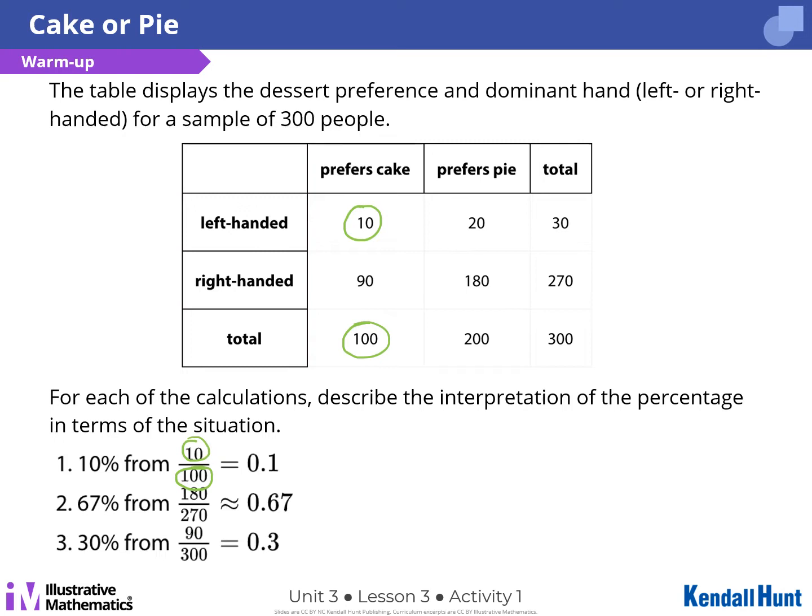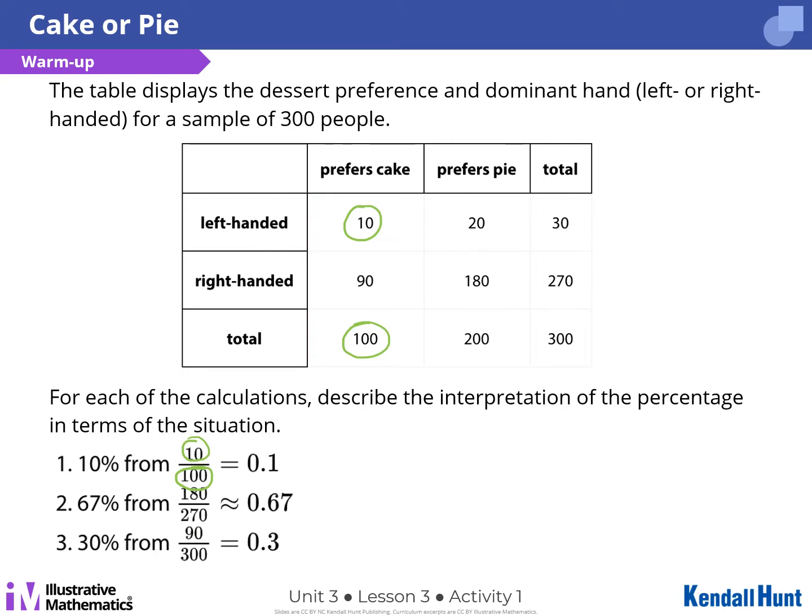So we interpret this by saying, of the 100 people who prefer cake, 10 of them are left-handed. Our relative frequency percentage here is 10 out of 100, or 10%, of people who prefer cake are left-handed.